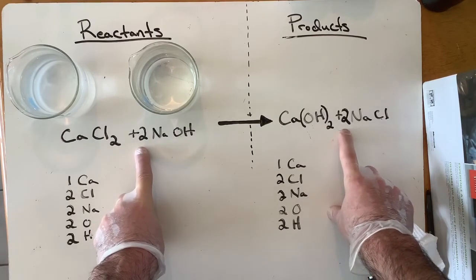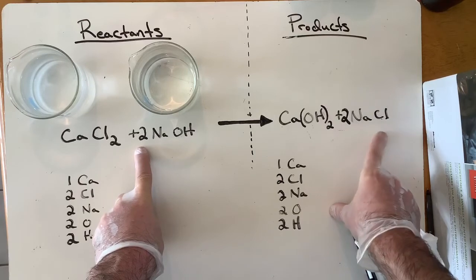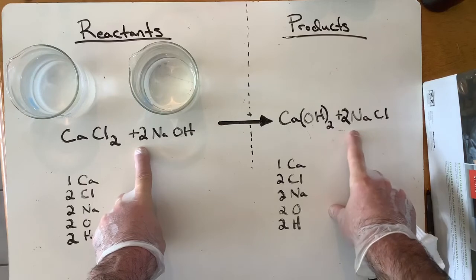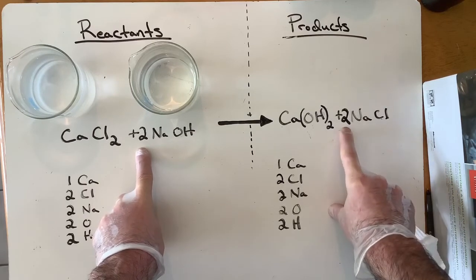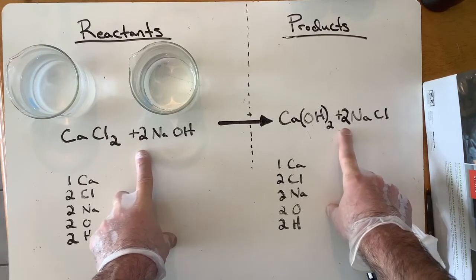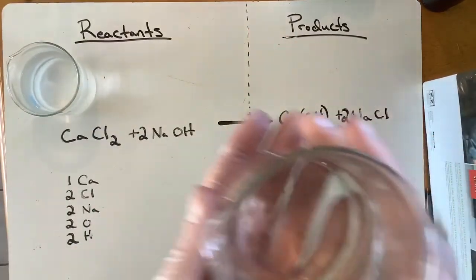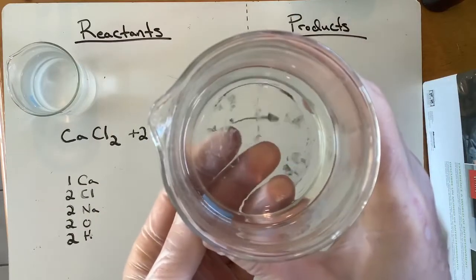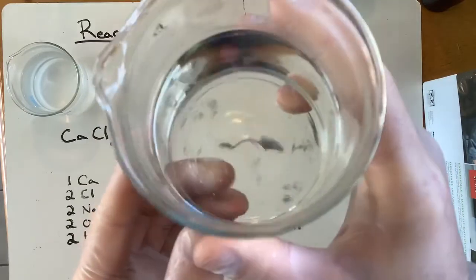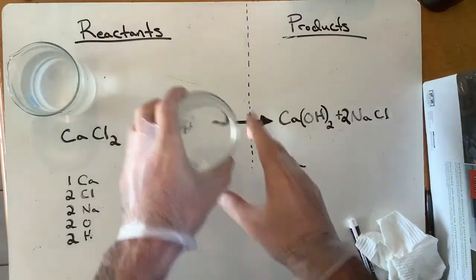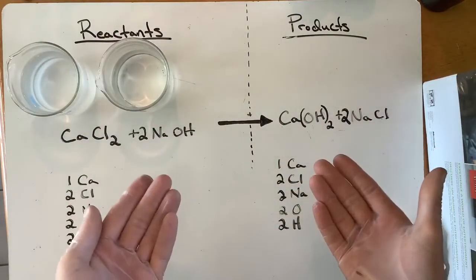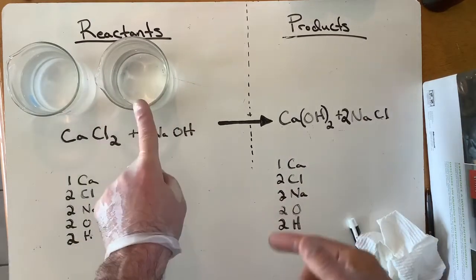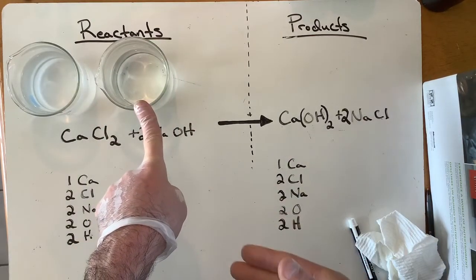But these coefficients, these big numbers that start right before a compound that tell you how many of each molecule or compound you've got here, you can change those, because think about it. How many molecules of calcium chloride was I starting with here? Well, probably millions and millions of them. So when we do a chemical reaction or an equation like this that we're trying to balance, I'm not asking you exactly how many molecules of each substance you're starting with.